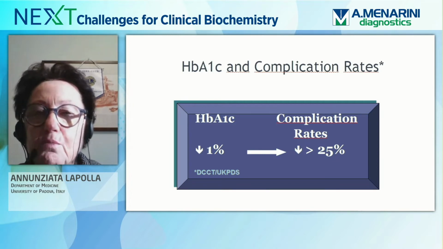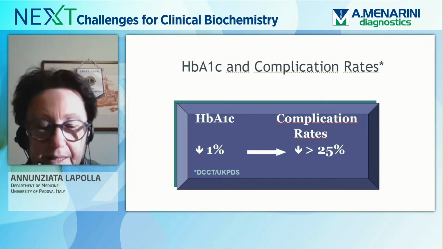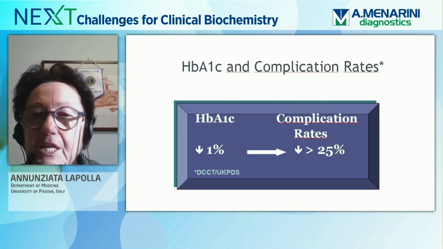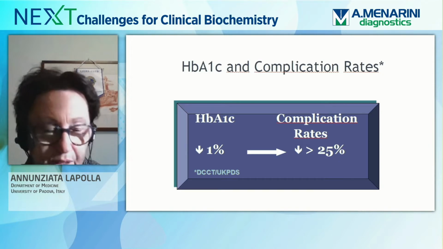In fact, the two most important studies in this context, the DCCT for type 1 diabetic patients and the UKPDS for type 2 diabetic patients, have shown that when HbA1c is reduced by 1%, the rate of chronic diabetic complications is reduced by 25%.